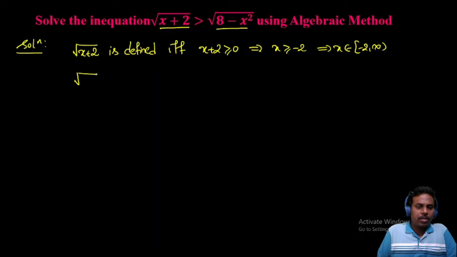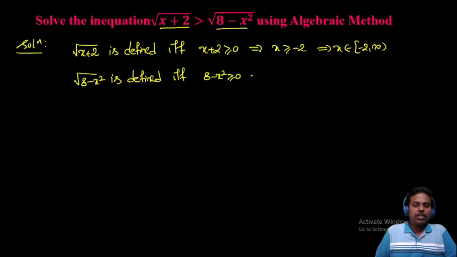Now you have got the second function, 8 minus x square, is defined if and only if this 8 minus x square must be greater than or equal to 0, implies minus of x square minus 8 must be greater than or equal to 0.